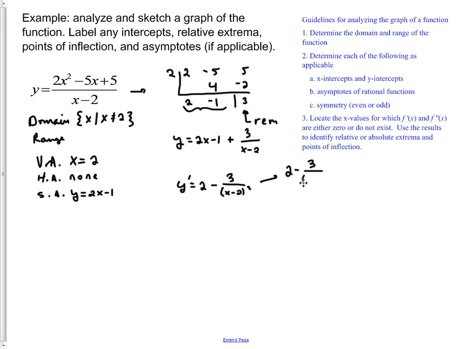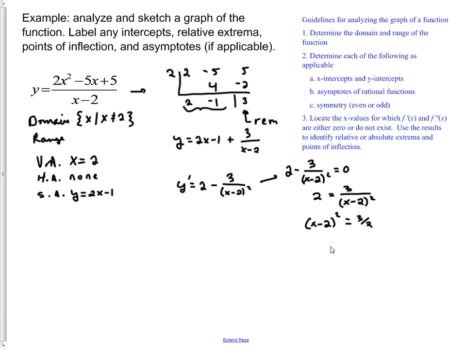2 minus 3 over x minus 2 quantity squared, when we set that equal to 0, can be rewritten as 2 equals 3 over the quantity x minus 2 squared. And that can be rewritten as x minus 2 squared is equal to 3 halves.